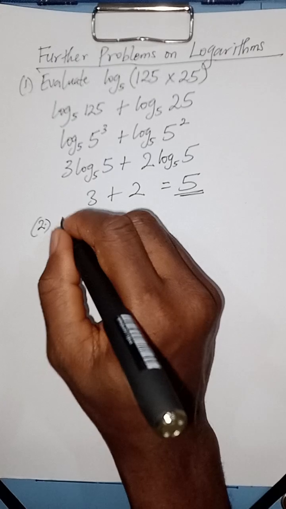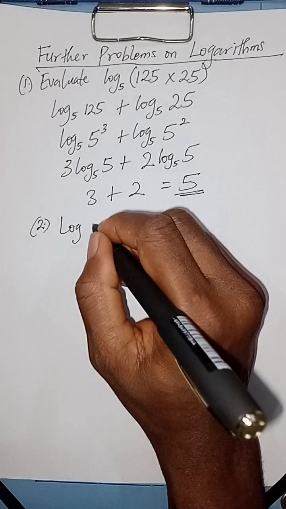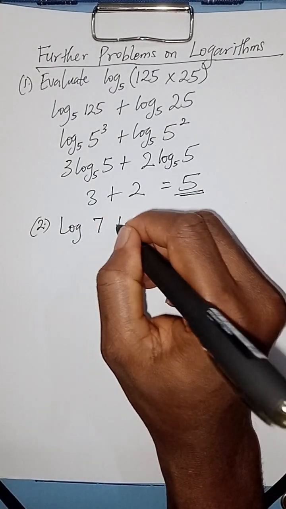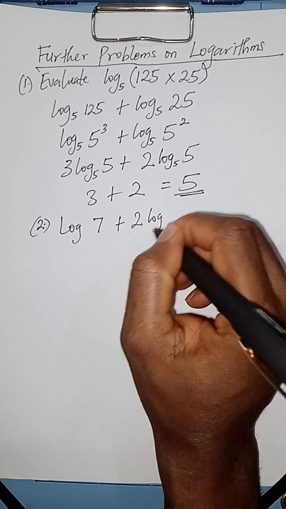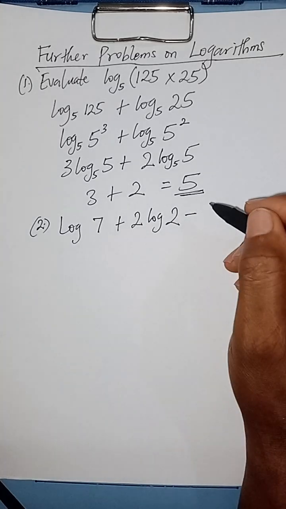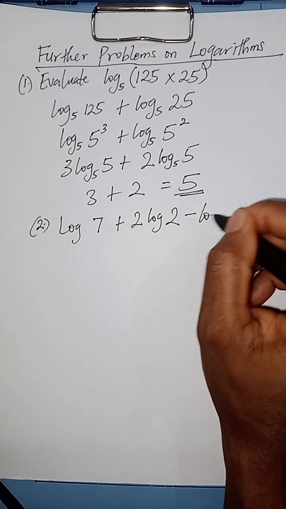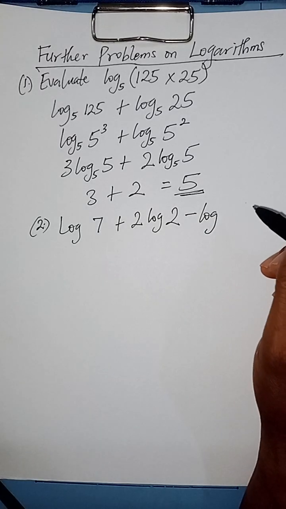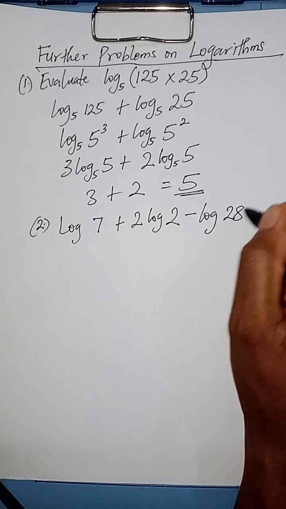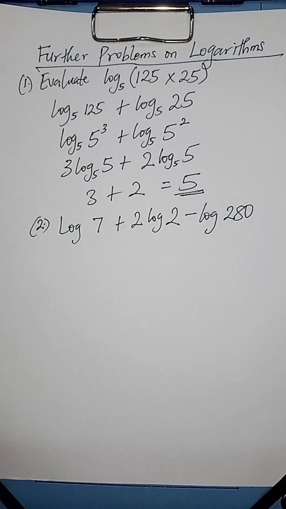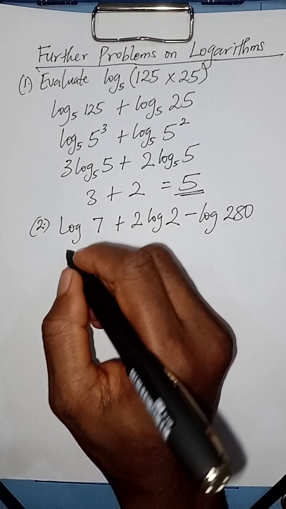I'm evaluating log 7 plus 2 log 2 minus log 280. When you see a question like this, does it frighten you? Don't be. It's still the same procedure.